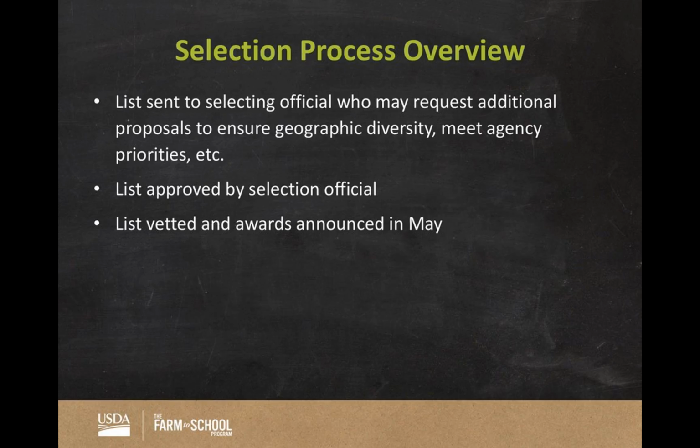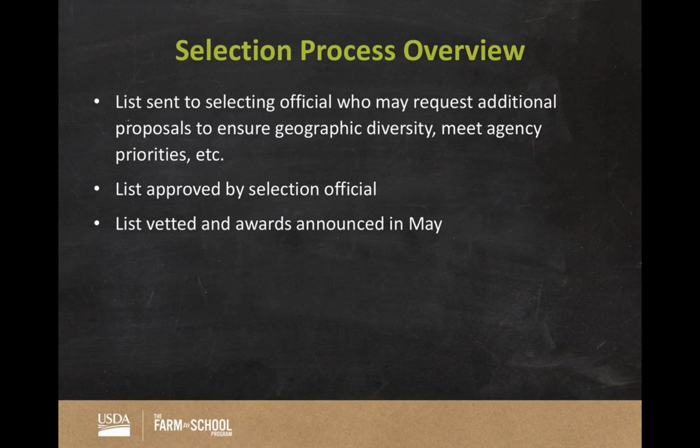Then we prepare a recommendation list that we send off to a selection official, indicating which applications we think should be awarded. The selection official reviews that list, may ask for some additional information, may ask for some additional proposals, but after that back and forth, we then have a finalized list that has been approved by the selection official.